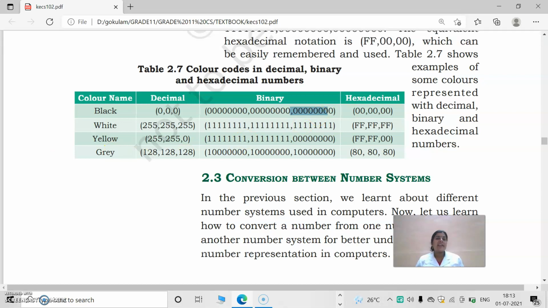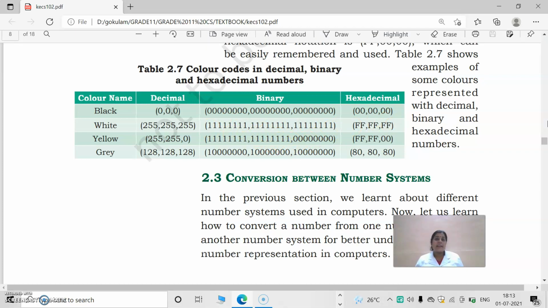In Paint, we can see these numbers from 0 to 255. The largest intensity is for white, where red, green, and blue all have the largest value, 255. In binary, 255 needs 8 bits, 8 ones, and again for each of the other two colors. So it is difficult to remember these 24 bits. We write the first 8 bits as FF, the next 8 bits as FF, and the next 8 bits as FF.